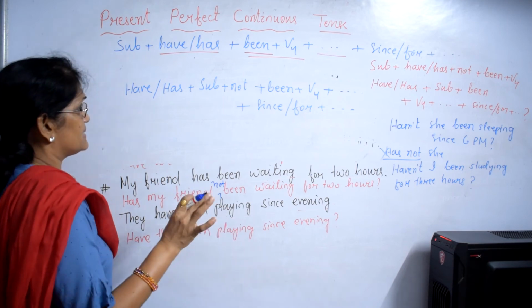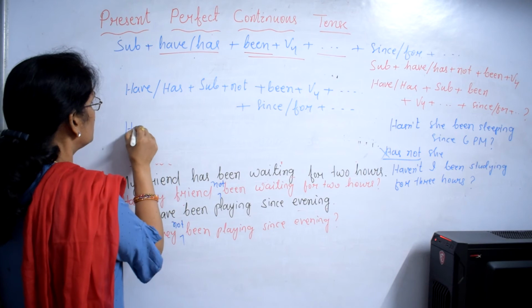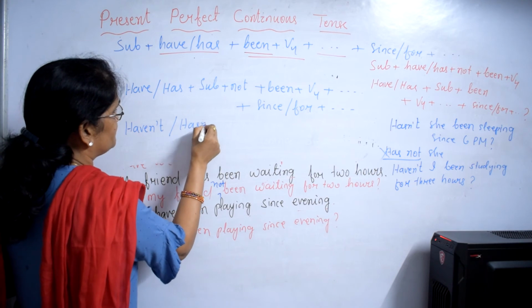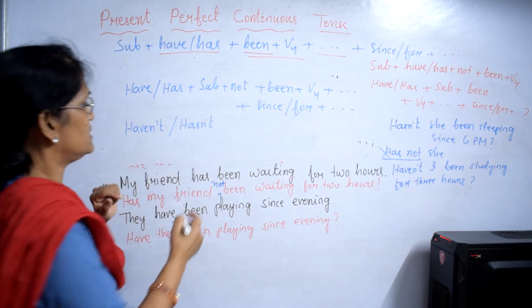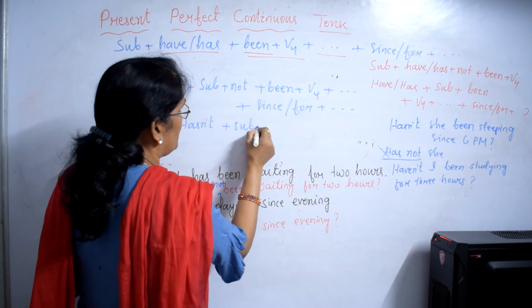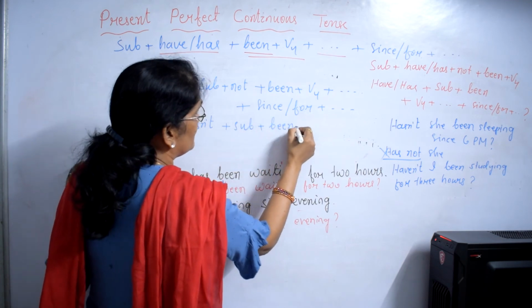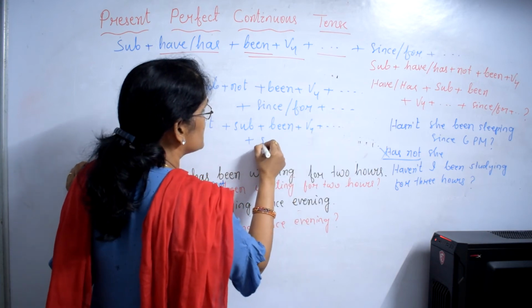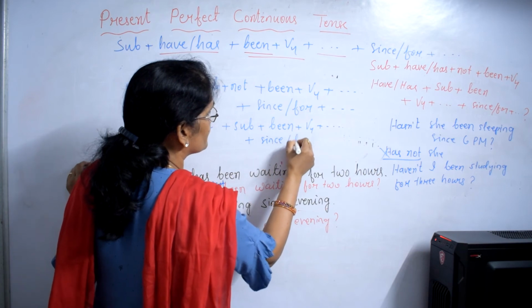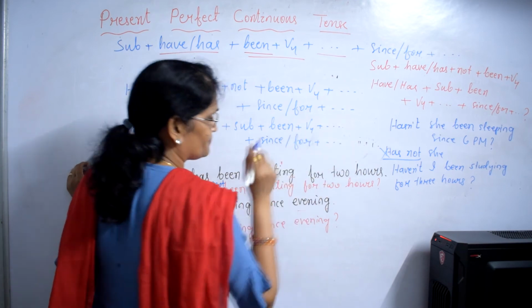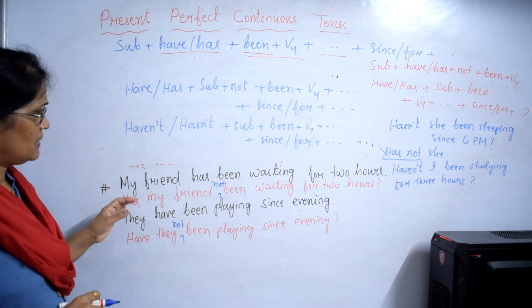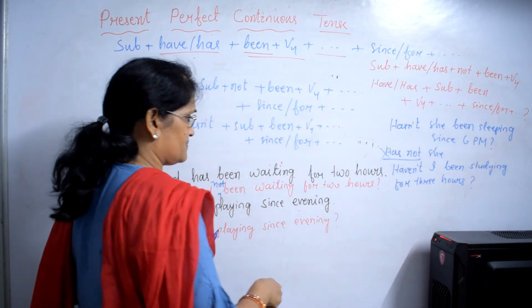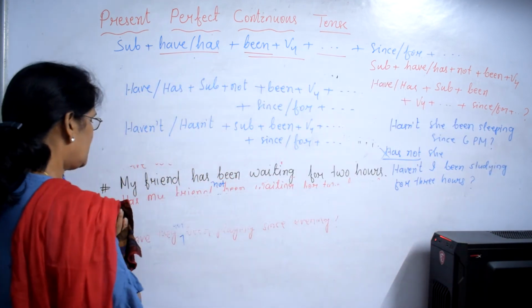For the negative sentence, another structure: haven't or hasn't, plus subject, plus been, plus verb, right, plus since or for.